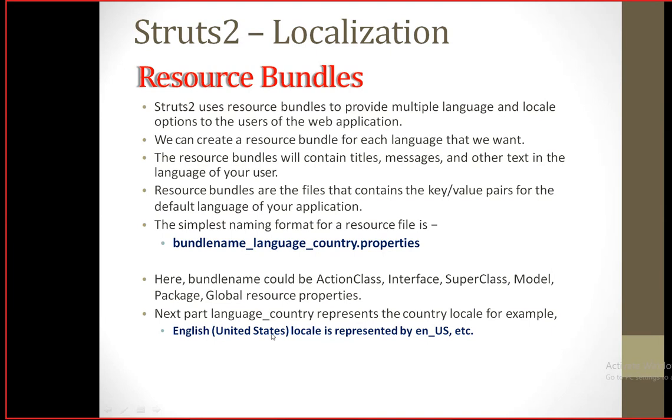For example, below you can see we've created a resource bundle for the English language from the United States, I mean that accent. So we will have to create a file en_us.properties. Understood?